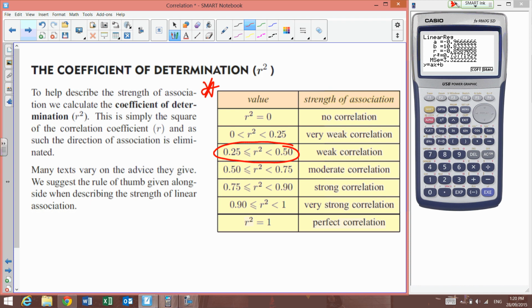It gives you the strength of association and the words that you could use to describe. If we look at the example we've just done, our R squared value is 0.73. That lies in this range here. So we'd say there's a moderate correlation between the amount of chemical sprayed and the number of bugs there.